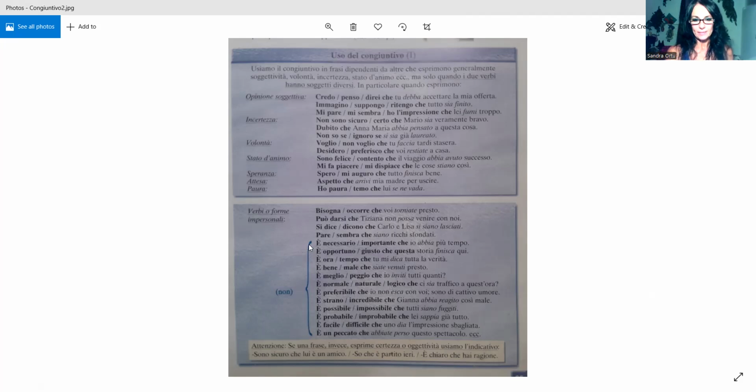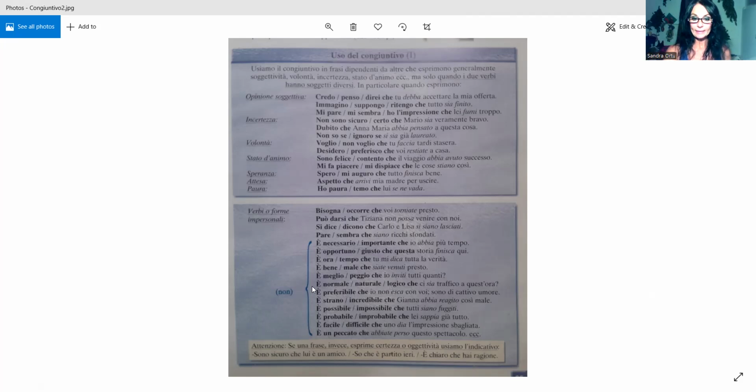It's like it's advisable, it's fair, just that. È ora, è tempo che, it is time. È bene, è male che, it is good, it is bad, that, something or someone, remember. È meglio, è peggio che, it is better, it is worse, that, someone or something again.